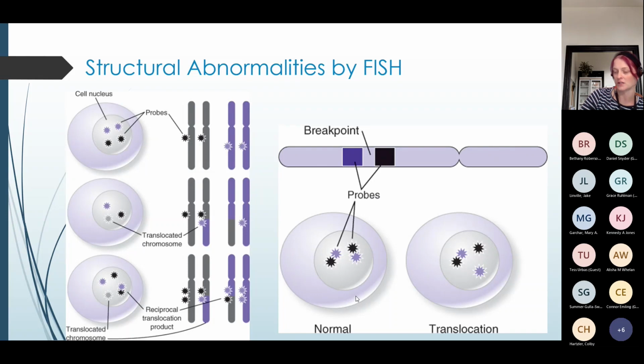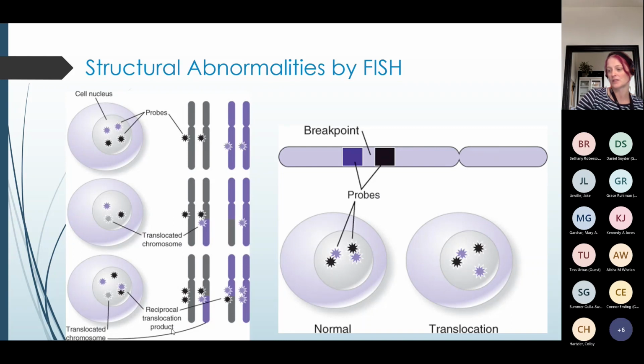You've got 2 copies of each, you're good to go. Well, we had a translocation. Now you can see that this purple and this black probe are really close together, and that gives you an off color, maybe a grayish color, and there's only 3 dots instead of 4. So you can say, oh my gosh, these two must be very close together on the same chromosome because they're expressing a different color and I only see 3 dots.